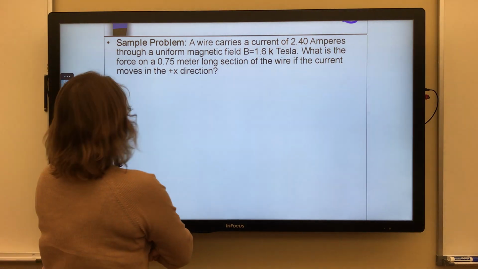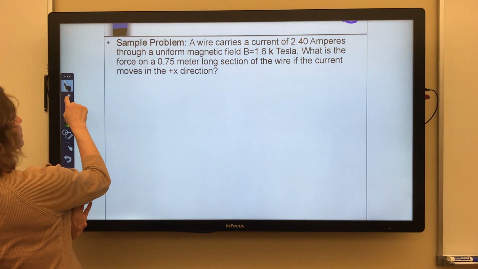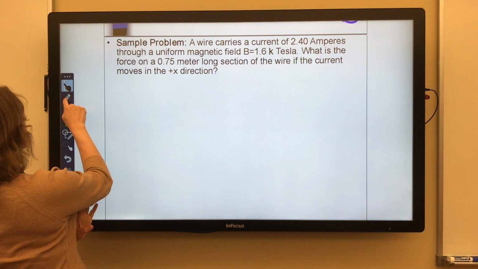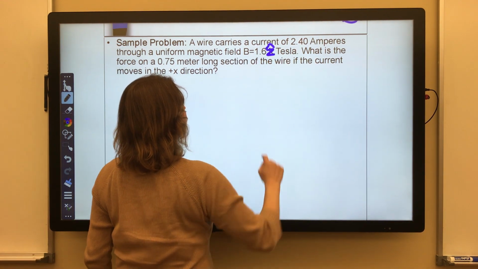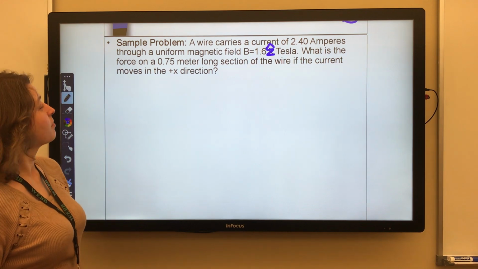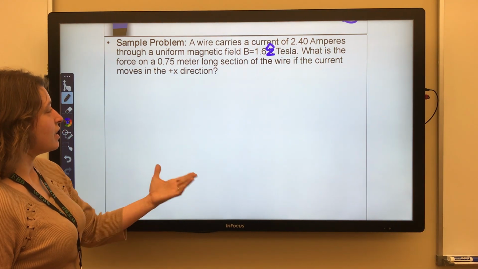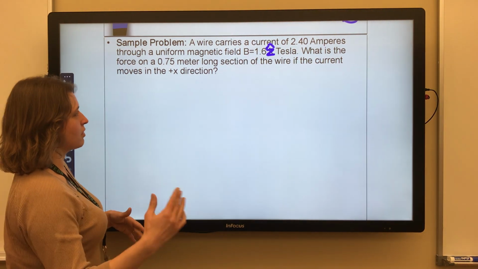Let's see. I think actually I've got a typo here. I think this should be the z-hat direction. I don't know why there's a k there. But I need a direction in there because it's a magnetic field, so I'm going to make that change.